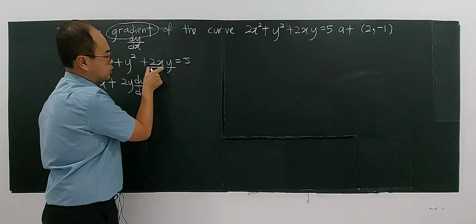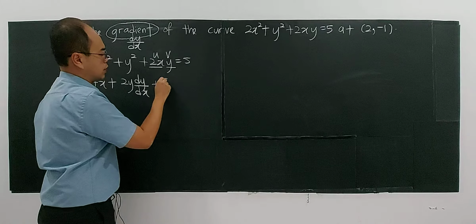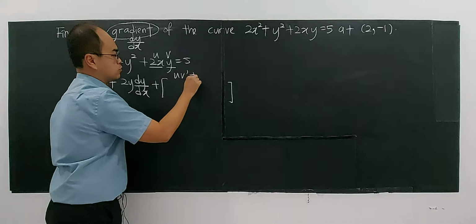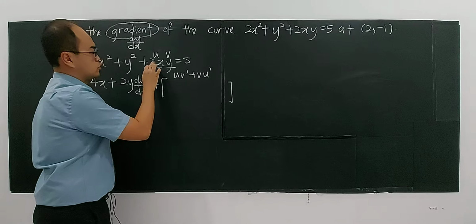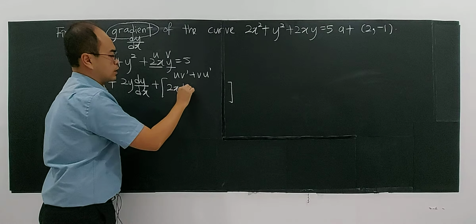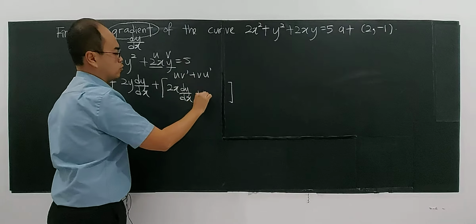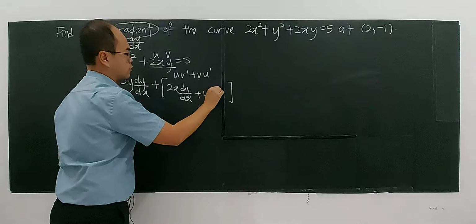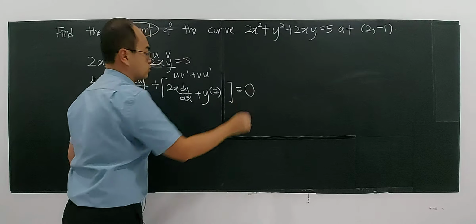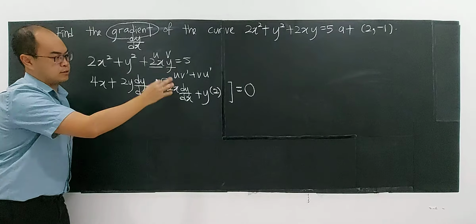So plus, in brackets, u v prime plus v u prime. u is 2x, v prime is dy/dx, plus v, which is y, times the derivative of 2x, which is 2. Differentiating the 5, you get 0, since it's a constant. So now you have done differentiating.